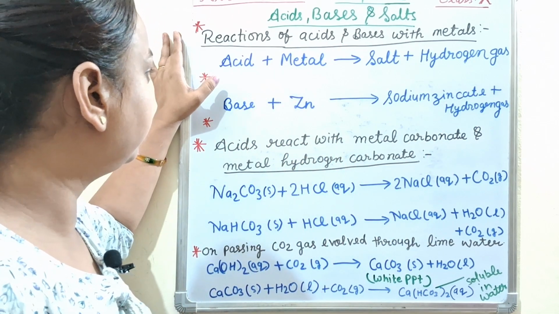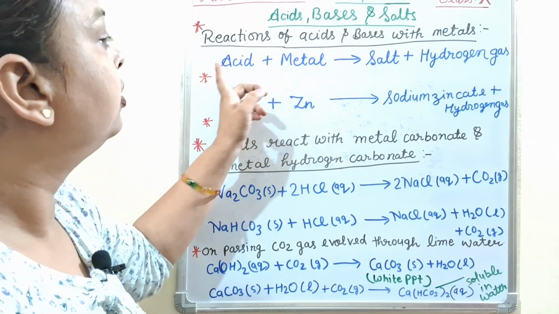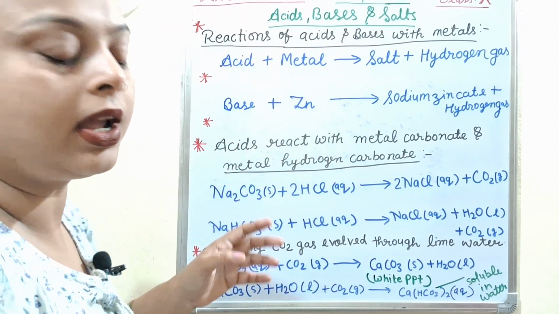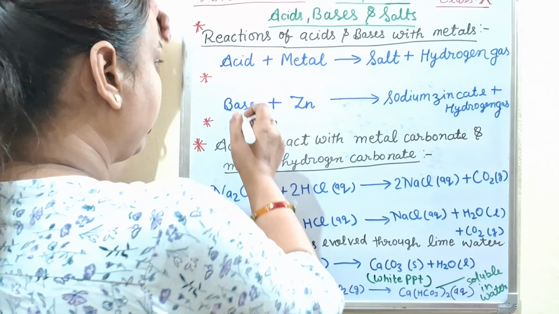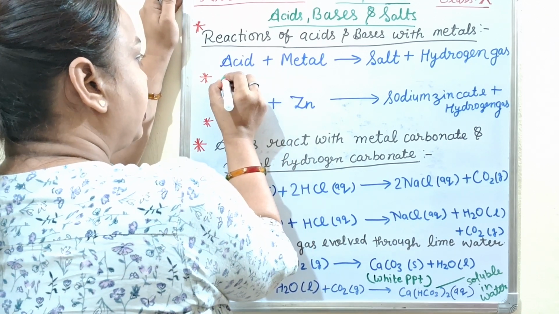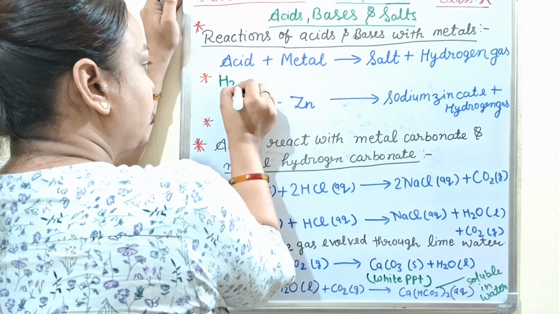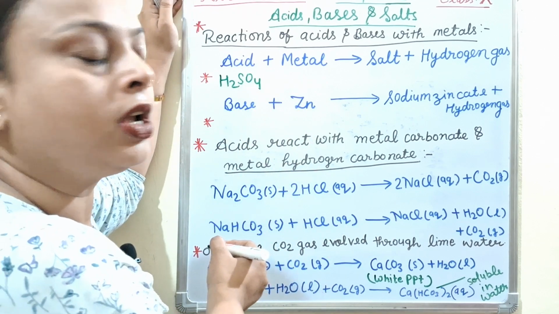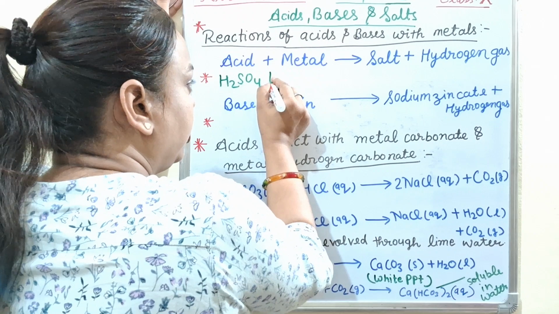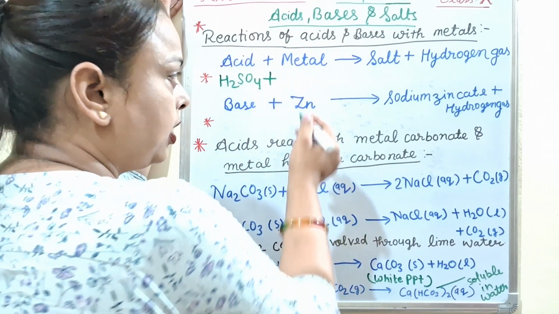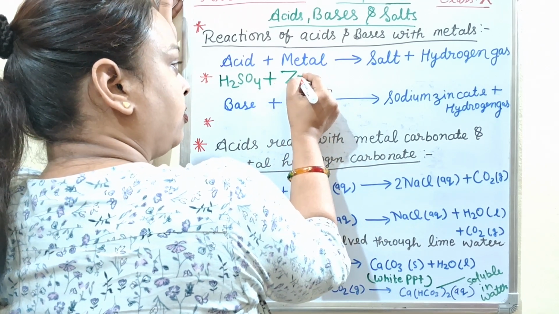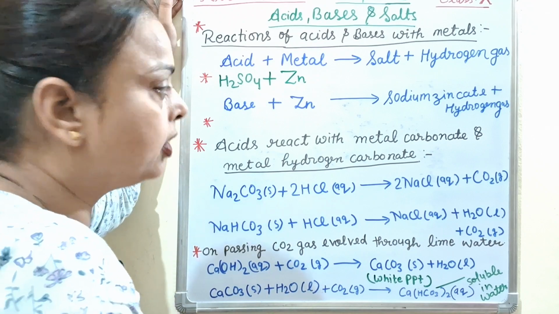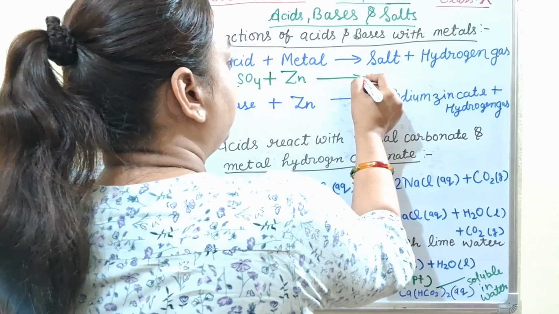Now write the equation of this reaction. So let's start by writing the acid. We take the example of the acid H2SO4. You know this is called sulfuric acid. And we take the example of the metal zinc. Now what forms?